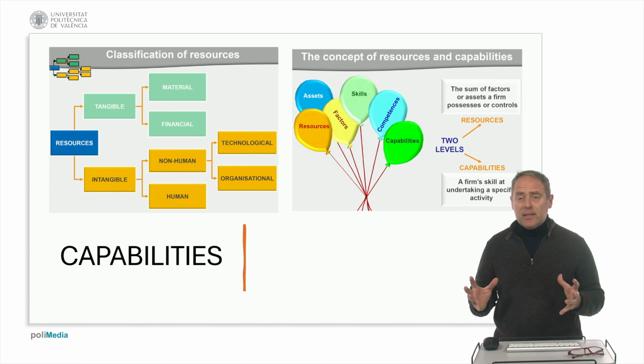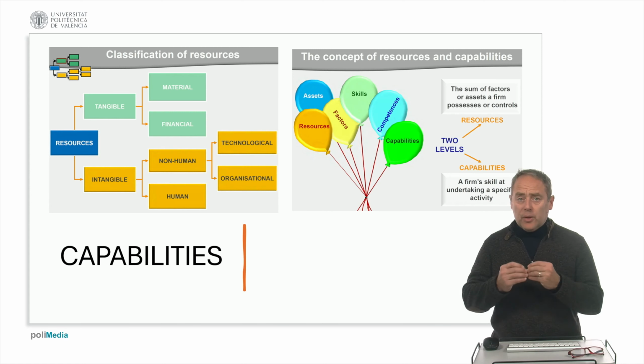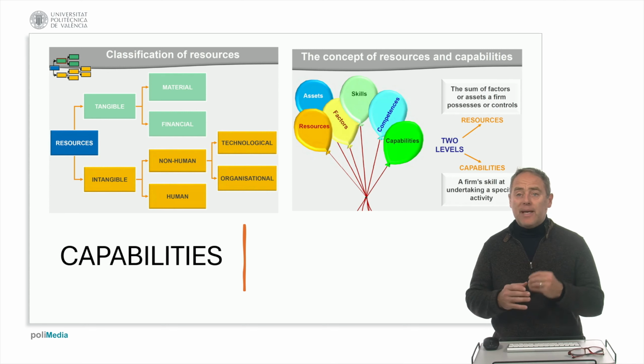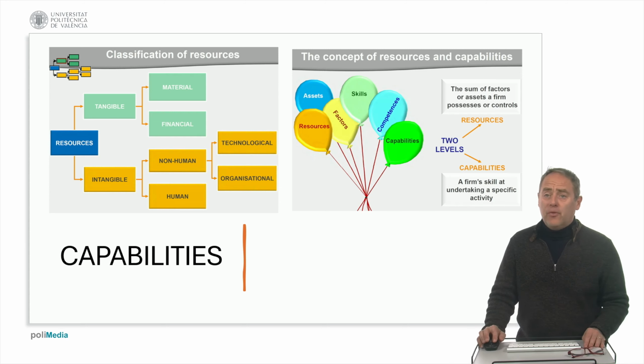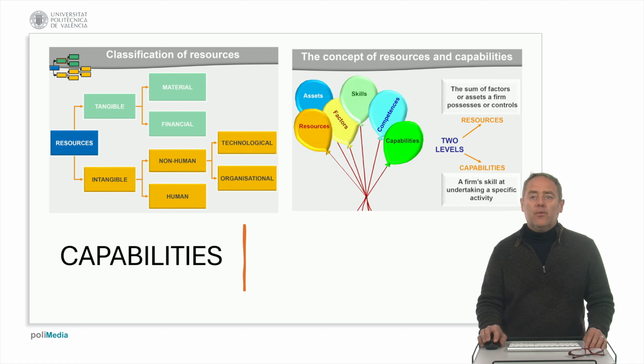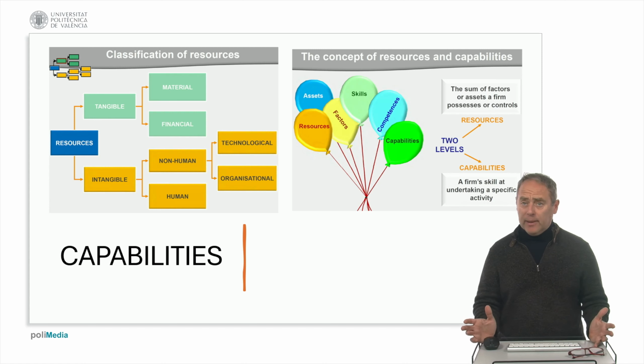Instead of activities, instead of saying we are very good producing original content, we are very good with scripts, we are very good with recruiting the best directors, the best talent for these film activities, we can use a general idea of capabilities. For instance, we can say that the capability in IKEA is design. This is the capability.